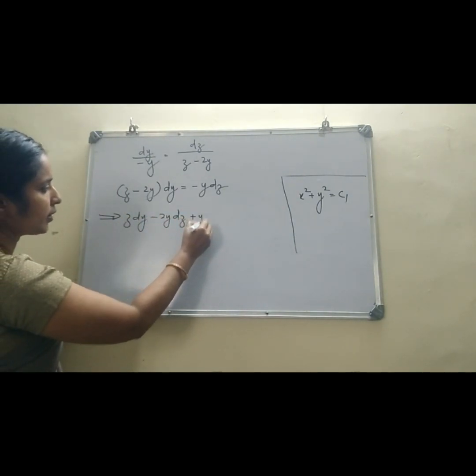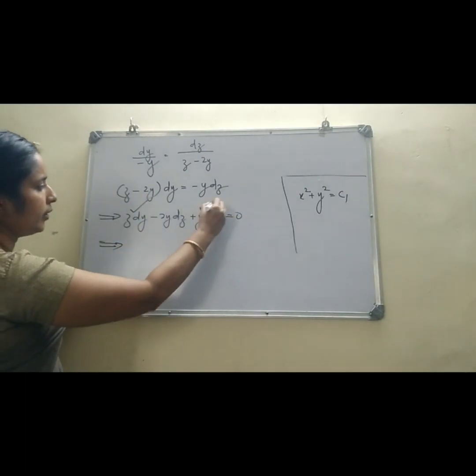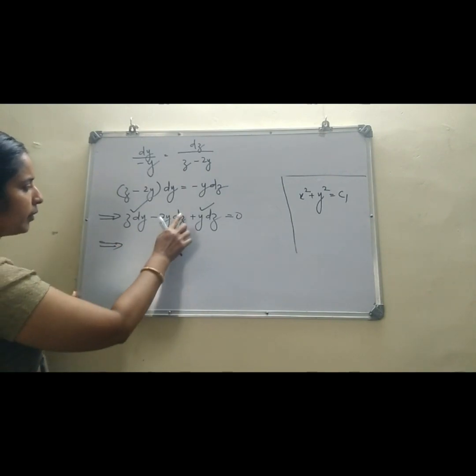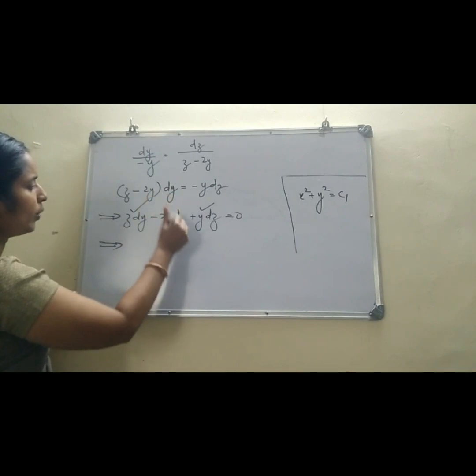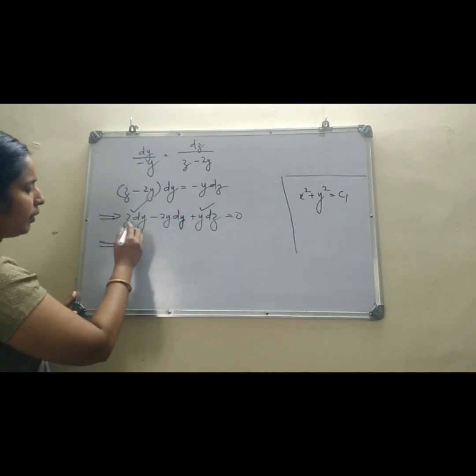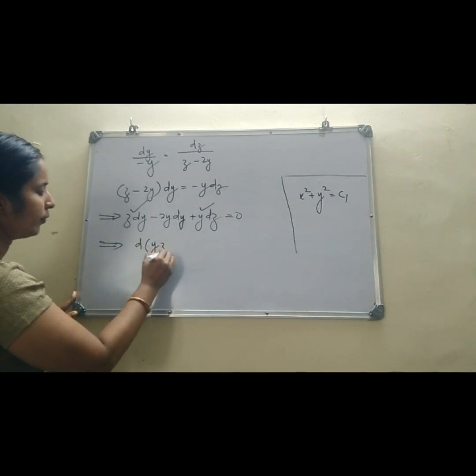Take the right side to the left side. You consider these two. So here there is a mistake. It is 2y dy. You consider the first and last. Actually, it is d of yz.